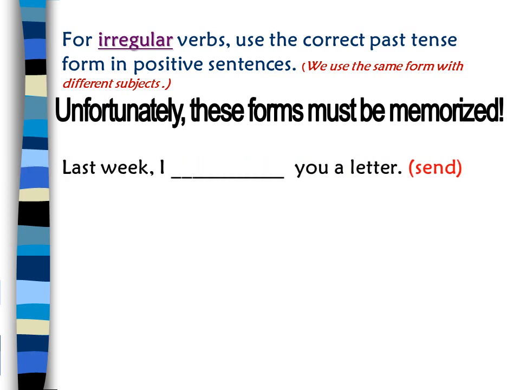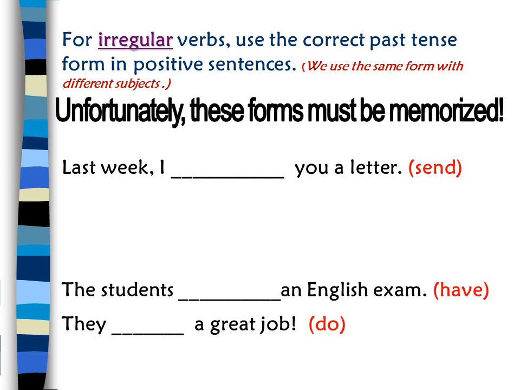Example, last week, I sent you a letter. So of course here I give the simple past of the verb send, and the verb send is an irregular verb. It's not regular, so the form totally changes. Last week I sent you a letter.